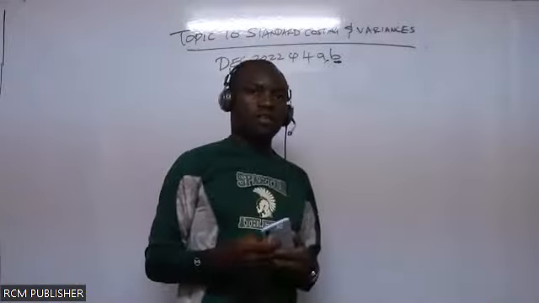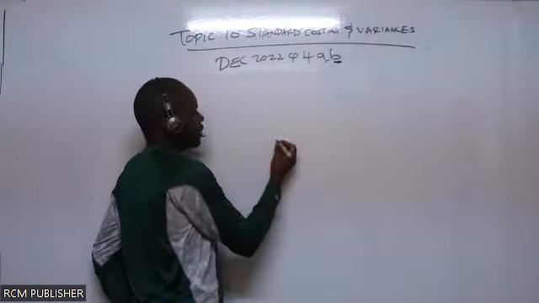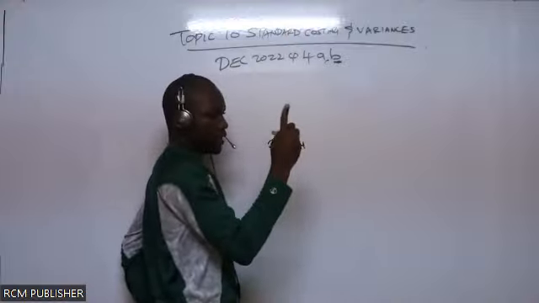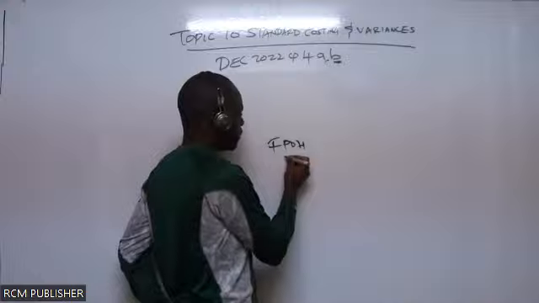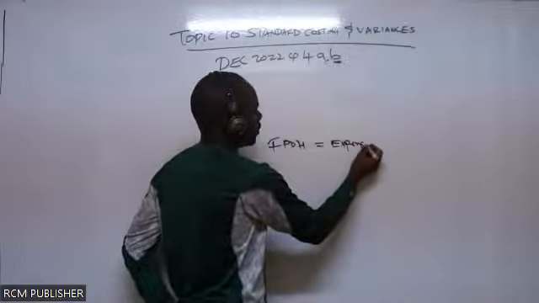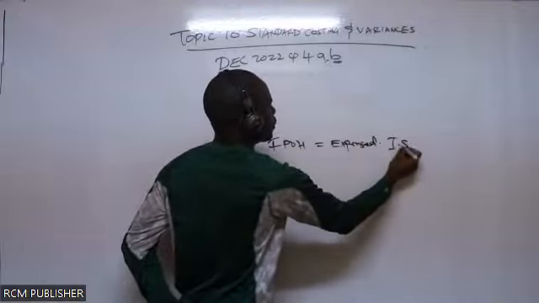You know very well that marginal costing says that fixed production overheads do not form part of the product cost, and therefore this fixed production overhead is expensed. It is expensed in the income statement.